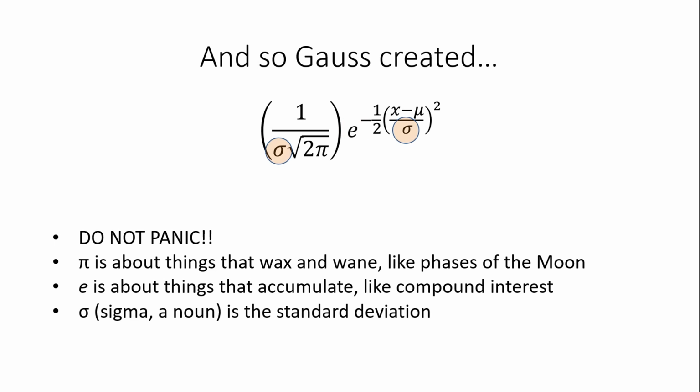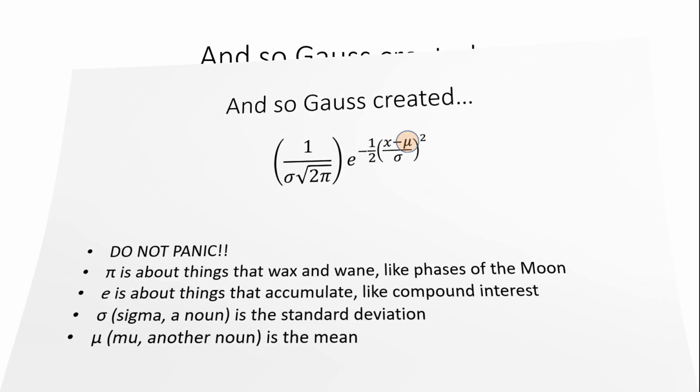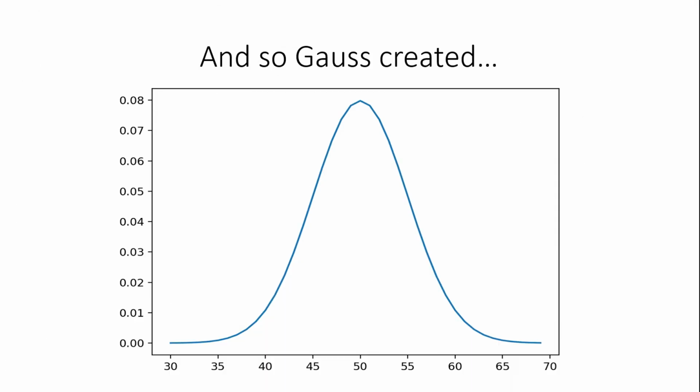Sigma is the standard deviation, mu is the mean, and everything else is either your x variable or just a number. And if you look at the bell curve, we have a mean, we have a standard deviation. From left to right, it goes up and down, and from left to right, it accumulates from 0% to 100.